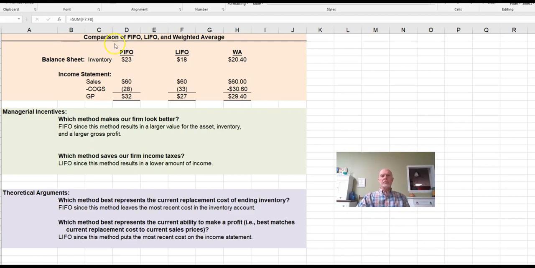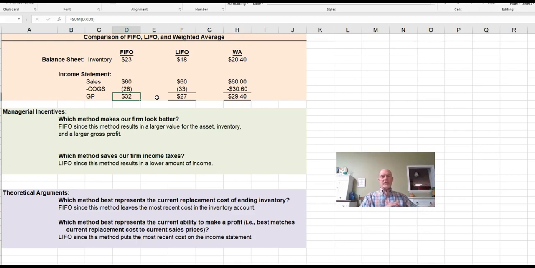Think about the comparison between Fifo and Lifo. Which method makes our company look better? Well, that's Fifo. If you compare the inventory, it gives us the largest inventory on the balance sheet, and it also gives us the largest gross profit. Now remember, the facts were exactly the same.